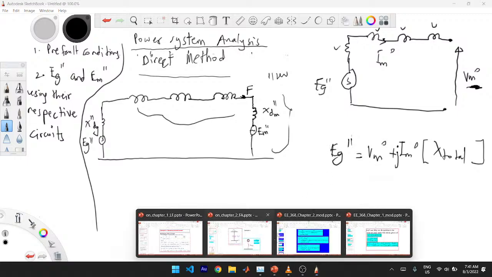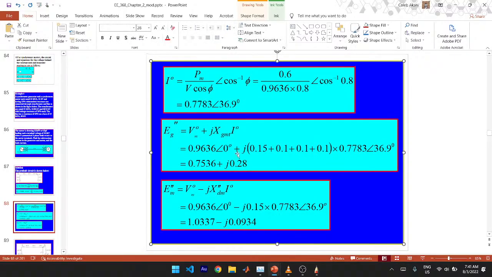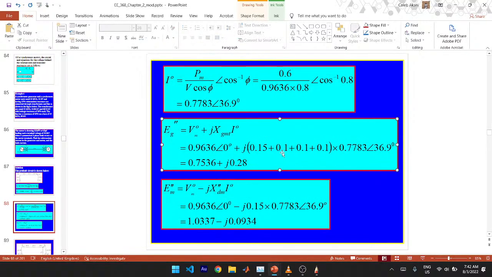This operation is performed in complex numbers. So then we have j X total, the subtransient reactance of the transformer and line, multiplied by I naught.